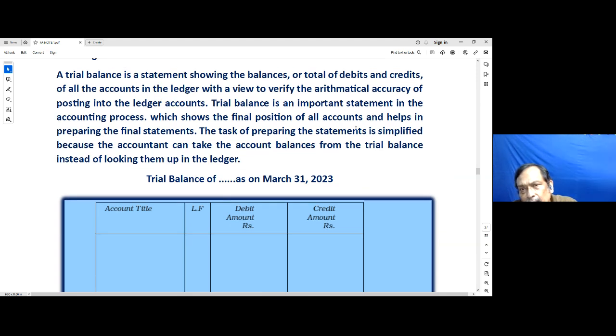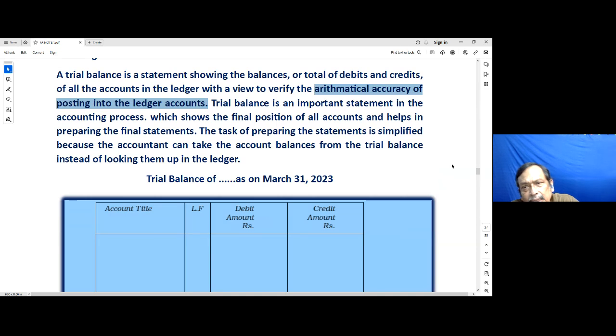Remember, mind this word, arithmetical accuracy of posting into the ledger. So by preparing trial balance, we want to justify whether total debit is equal to total credit, so far as arithmetical accuracy of posting into the ledger accounts is concerned.